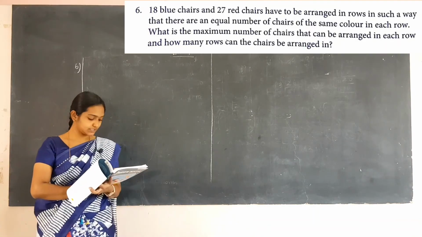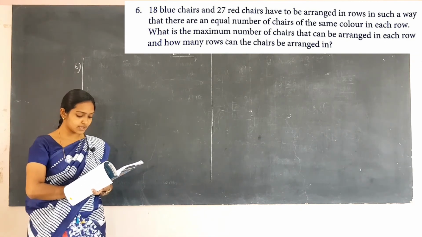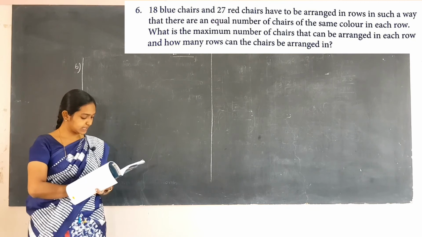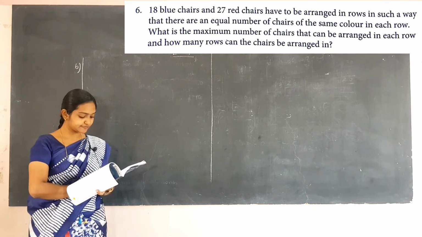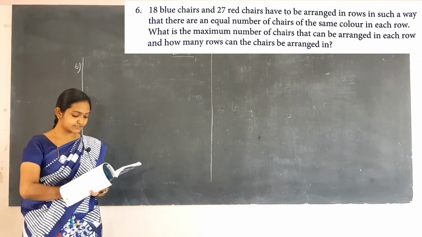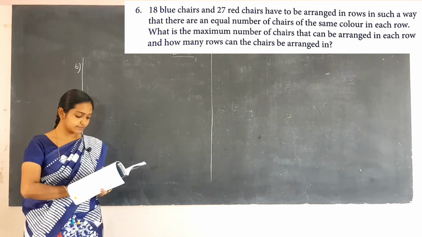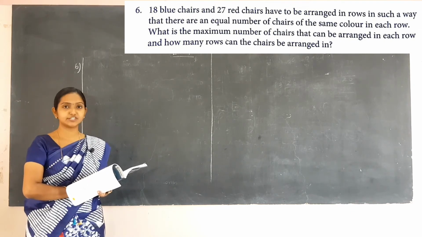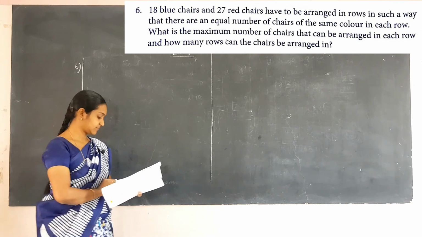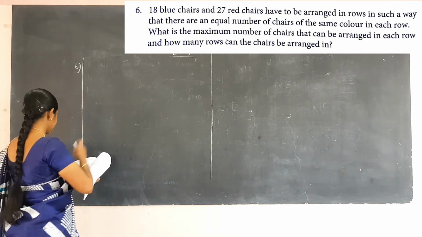The 6th question is: 18 blue chairs and 27 red chairs have to be arranged in a row in such a way that there are equal number of chairs of the same color in each row. What is the maximum number of chairs that can be arranged in each row and how many rows can the chairs be arranged in? Let us first write the number of blue chairs and red chairs.